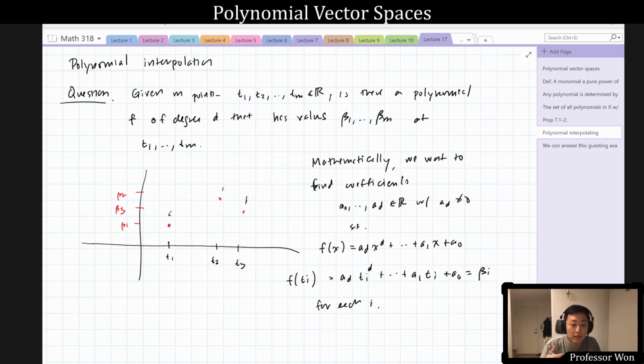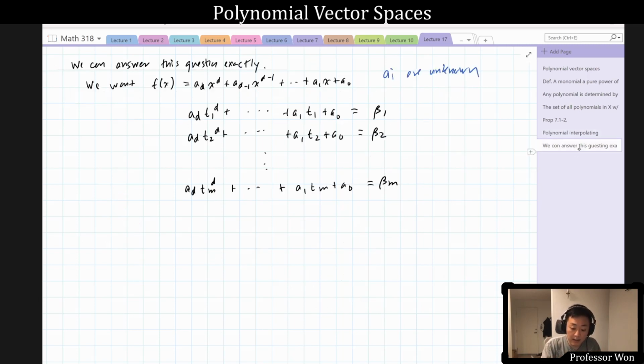What you don't know is the ai's. Right, so this is a linear system in d plus 1 variables, d plus 1 unknowns, a naught through ad. Okay, and of course, we've known how to solve systems like this since the first week of 308.